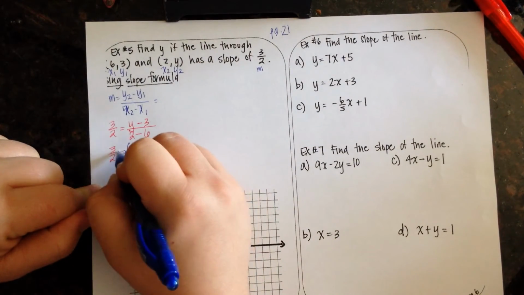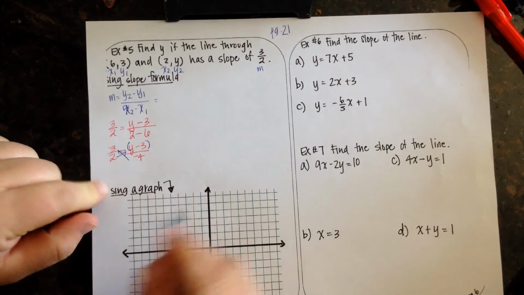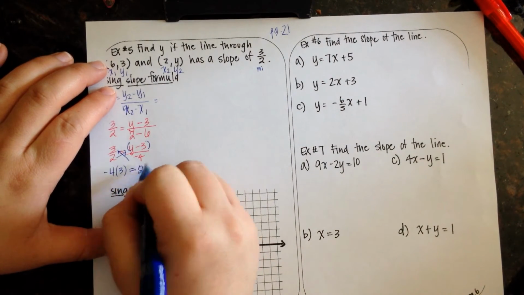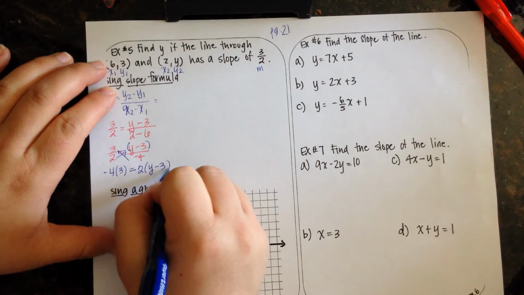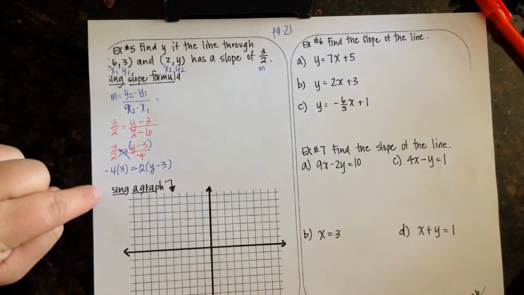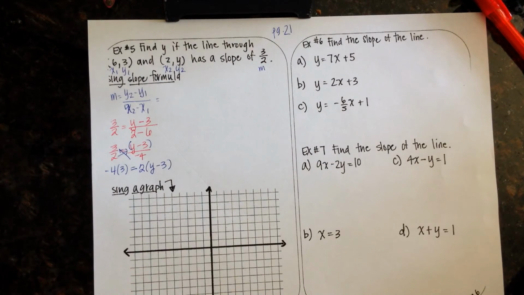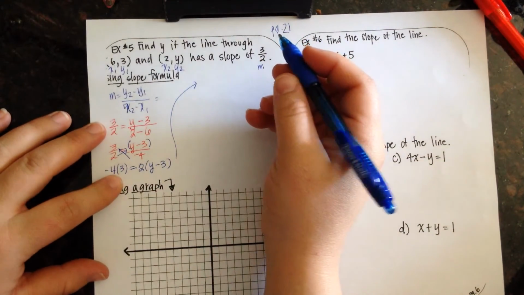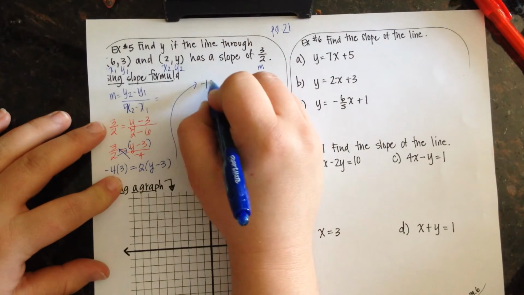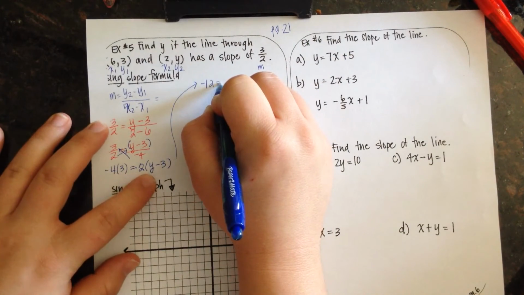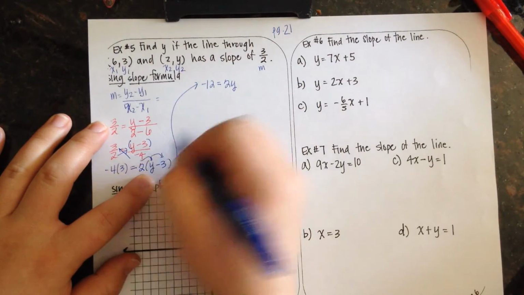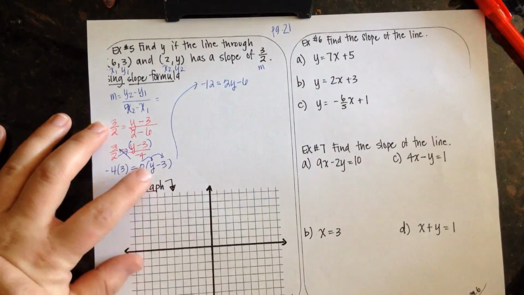I'm going to bring the bottom denominators up. I get negative 4 times 3 equals 2 times y minus 3. And now I no longer have a denominator. Okay. From here, I'm going to move this up top. Negative 4 times 3 is negative 12 equals, and I'm going to go ahead and distribute because I know that's the first thing you guys will do, negative 6, which is fine.